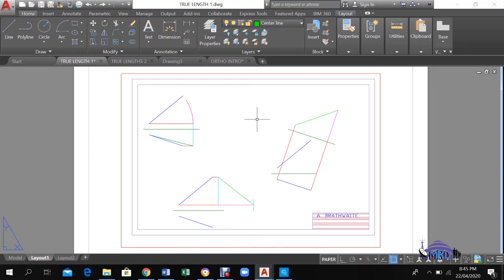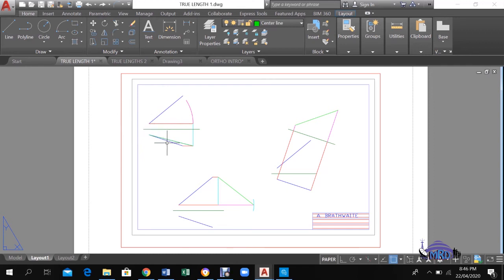One thing I want to stress to you, because sometimes you will see this on a question, sometimes you are asked to determine the angle of inclination between the line and the vertical or horizontal plane. So if you're asked to determine the angle of inclination with the horizontal plane, then you would have had to find the true length in the front view here, and then measure the angle formed.